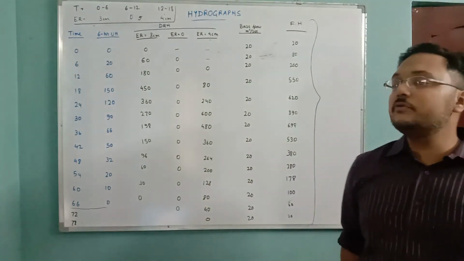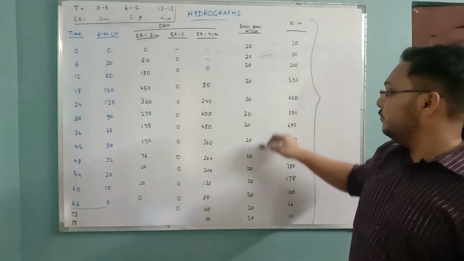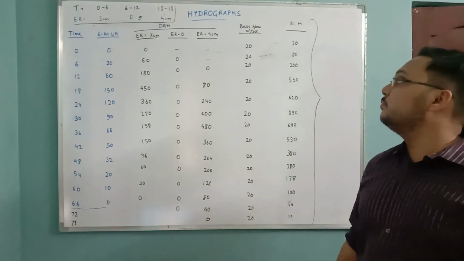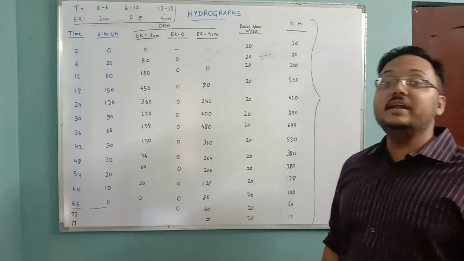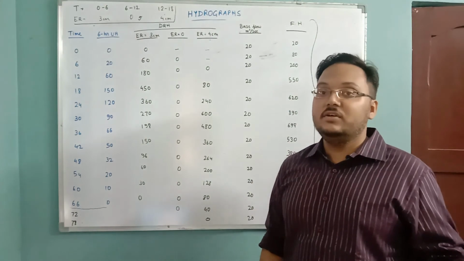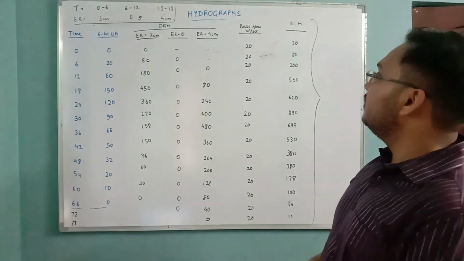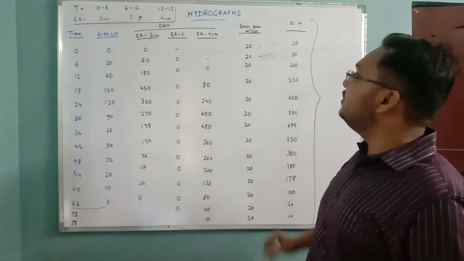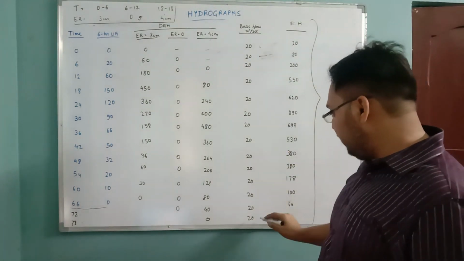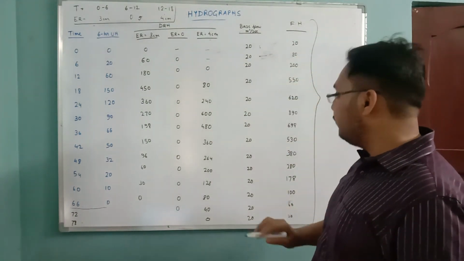In some questions you get that the base flow is varying. Suppose it may say that it's varying by 1 meter cube per second in every 3 hours. Here in this question it was a constant base flow, so we had written a constant base flow of 20.